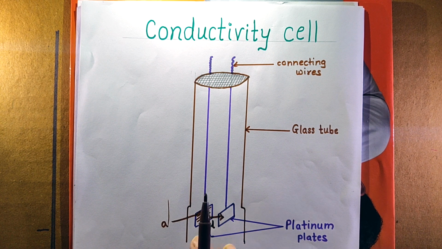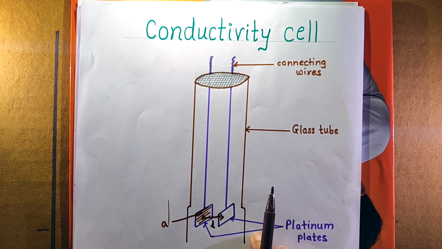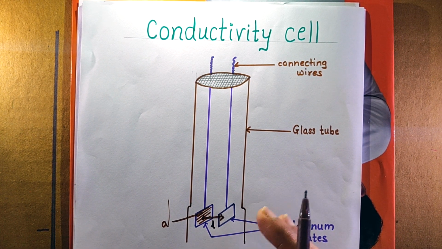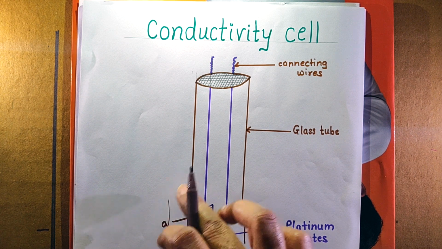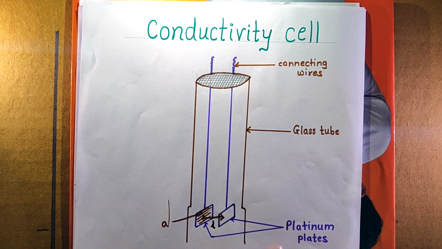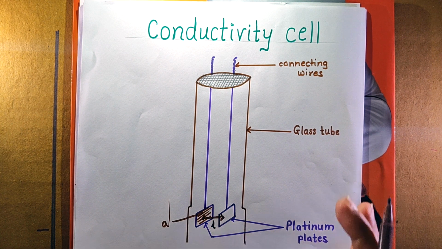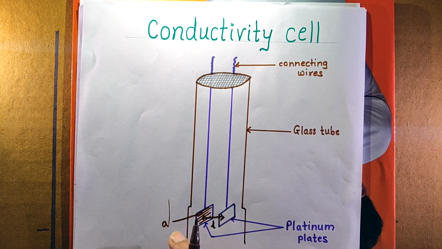Remember here, this conductivity cell is the instrument which is used to determine the resistance of the solution. In the solution, this conductivity cell is dipped. Now remember, for each conductivity cell, the distance between these two platinum plates L and the area of cross section of these plates A are constant, but for different conductivity cells these two values will be different.